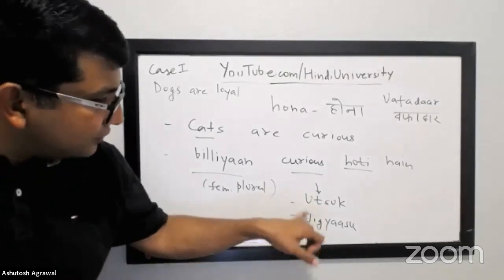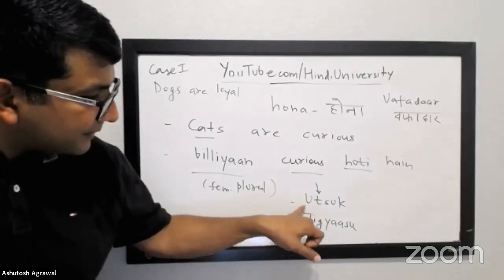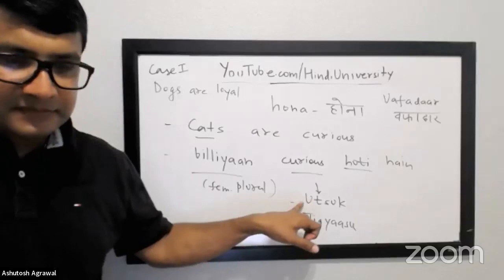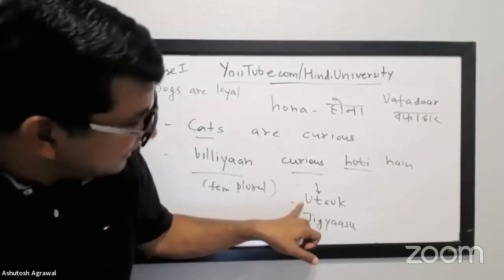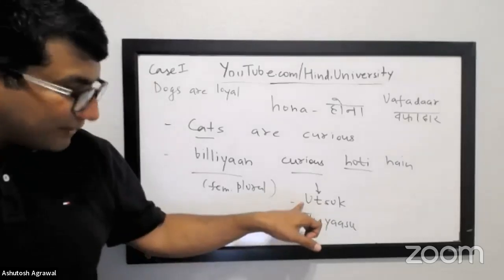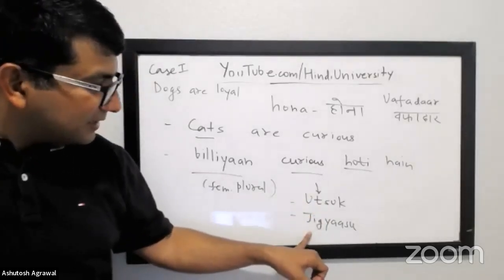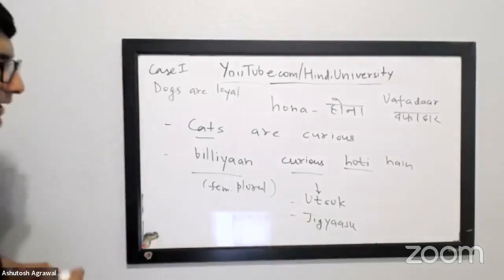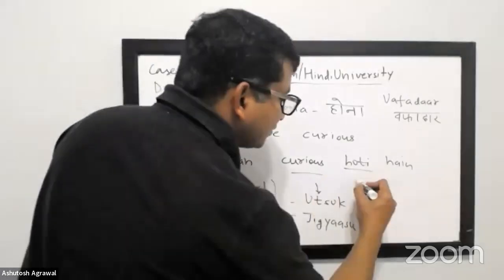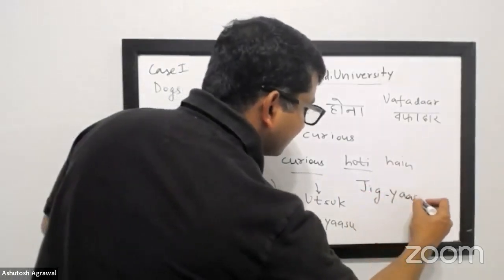JDG, you want to try out these words? Try pronouncing both of them. Utsuk. Very good. Utsuk, very good. This one? Jigyasu. Okay. Try it out. Jigyasu.